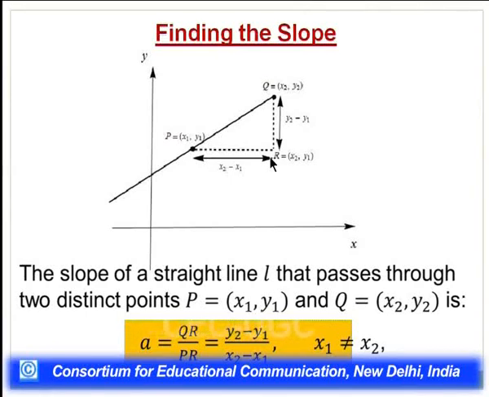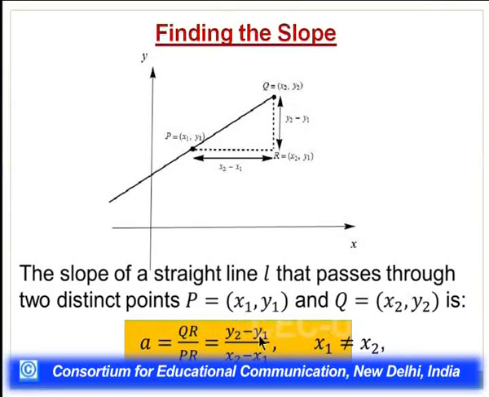This is the concept of rise over run, because the change in the vertical direction would be QR. When you move from P to Q, the change in the vertical distance is QR, so that is the rise. And the run, which is like running on a flat road, is PR. So QR upon PR represents the slope, and that is given by y2 minus y1, because QR has the same x coordinate, but the y coordinates are different.